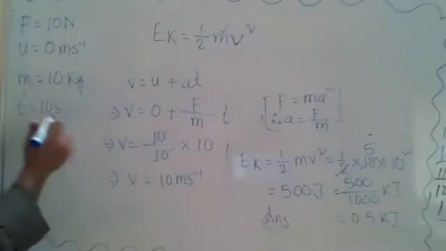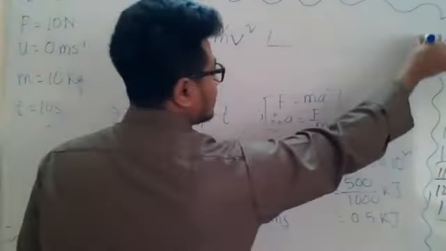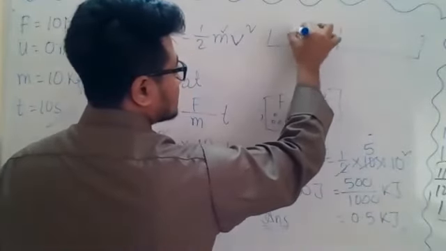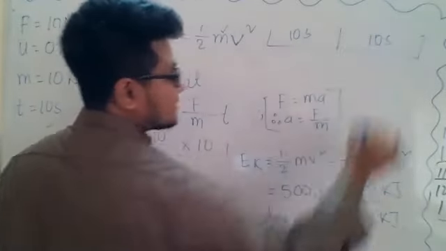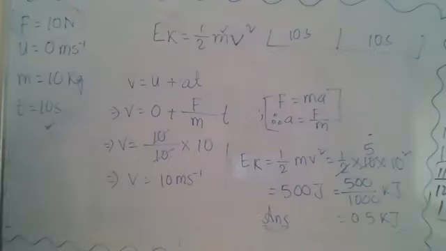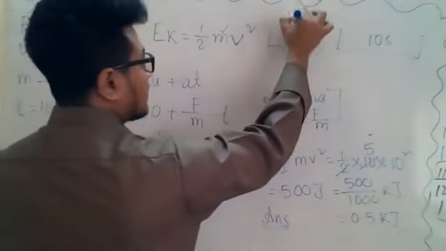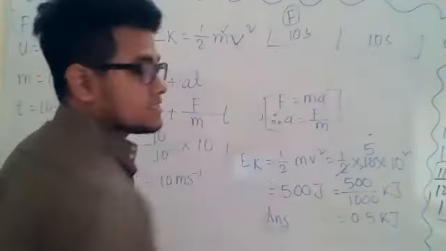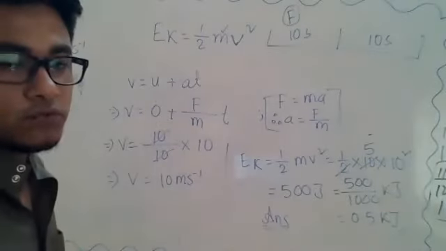Now I can divide this 20 seconds into two parts. This is first 10 seconds, this is next 10 seconds, right? Now in the question it is mentioned that this force was applied for the first 10 seconds. In the first 10 seconds there was a force. About the next 10 seconds they did not mention any force, right?